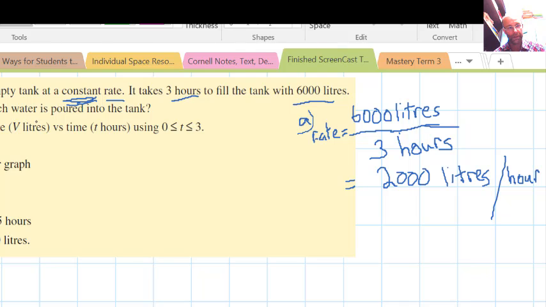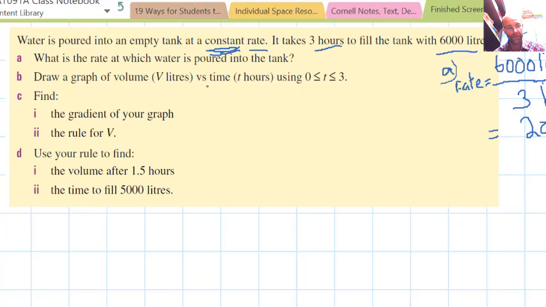Draw a graph of V volume in litres versus time, T in hours, using this domain here. That means T goes only between 0 and 3.